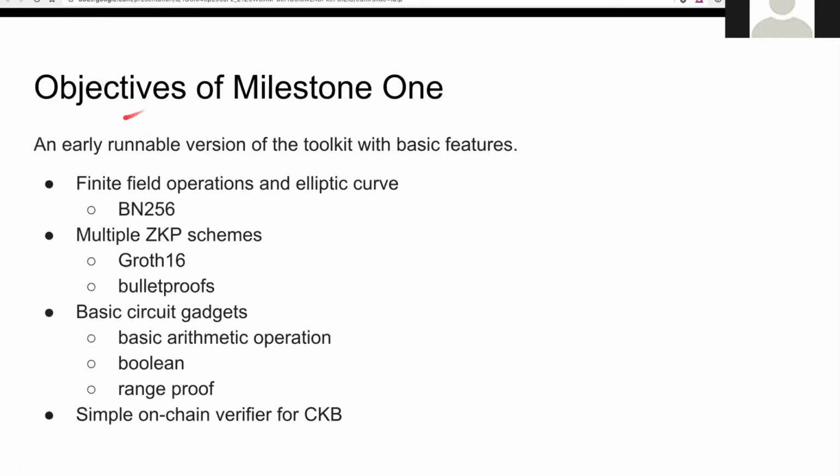Again, let's recall the objectives of Milestone One. We want to provide an early runnable version of the toolkit with basic features in the first month. So we choose to add support for the BN256 curves and Groth16 and Bulletproofs and many basic gadgets, and provide a simple on-chain verifier for CKB.